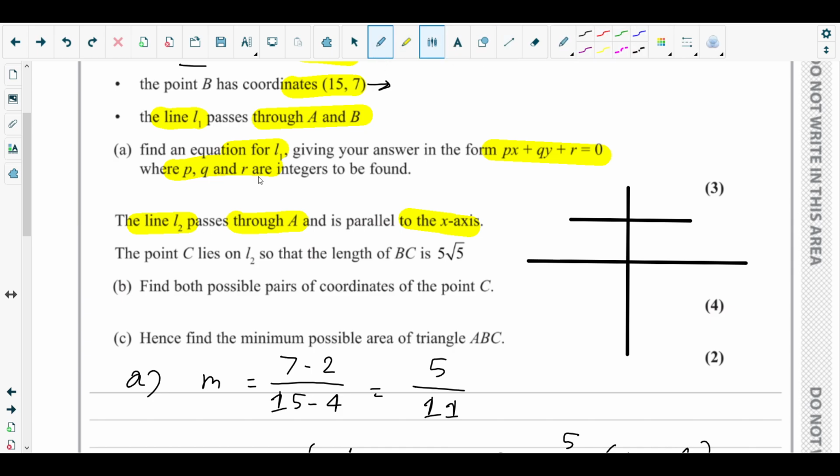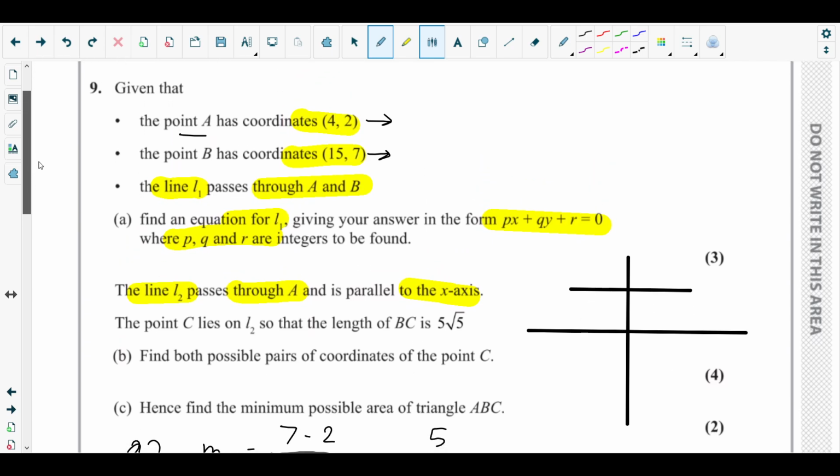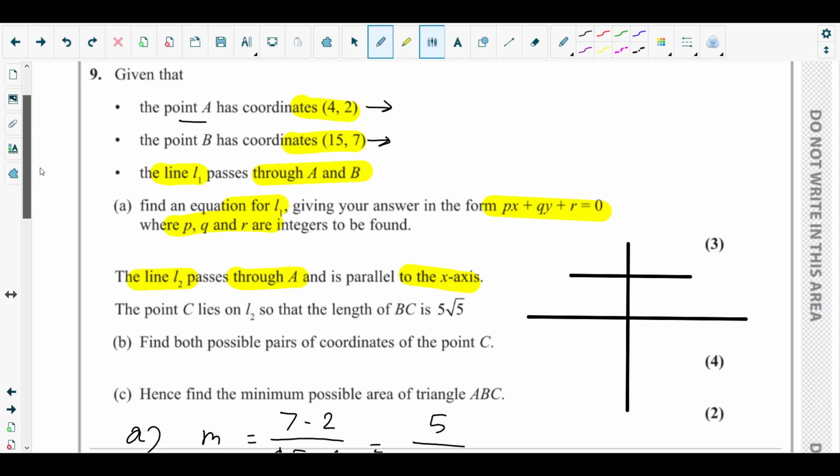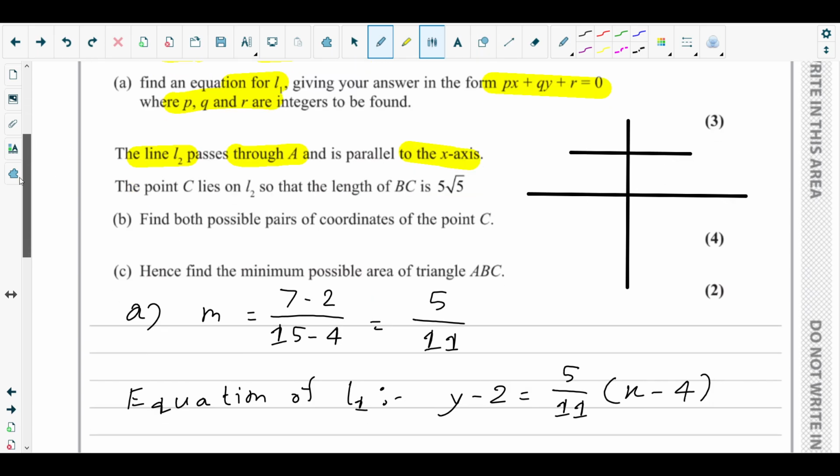So what's the scenario? The point C lies on line L2, so that the length of BC is 5 square root of 5. Let us consider the equation of line L1.